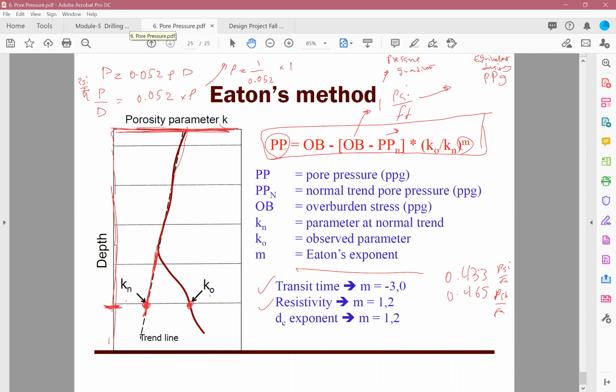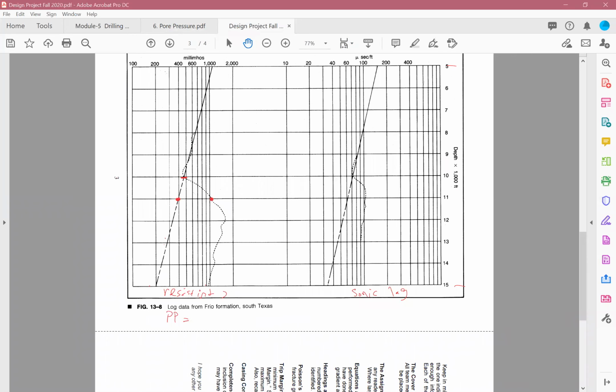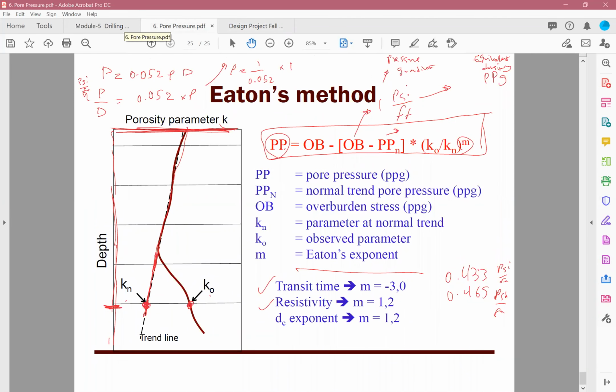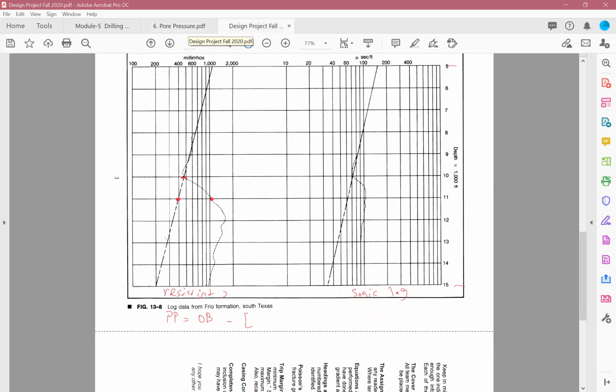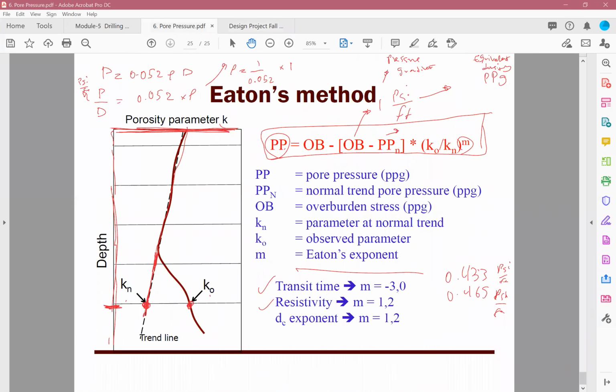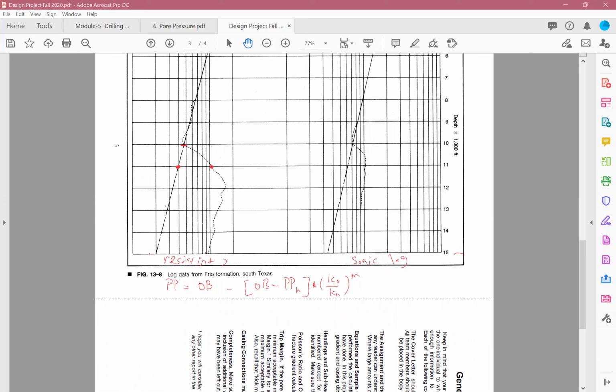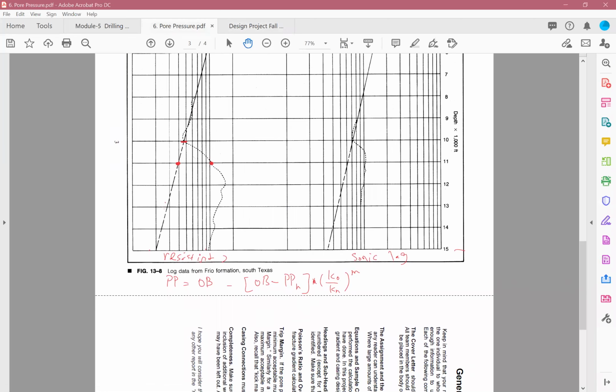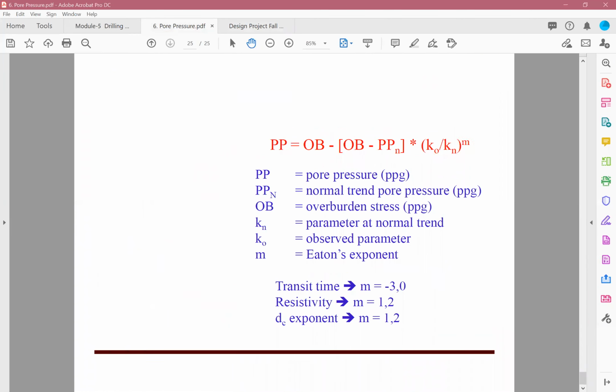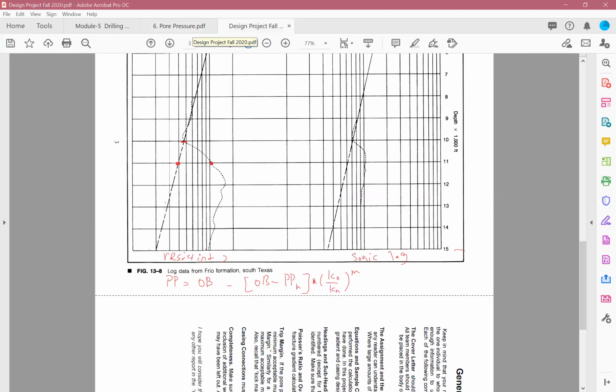The pore pressure is equal to overburden pressure minus overburden minus, again, normal pore pressure, and then this is multiplied by Ko over Kn to the power of m, right? This is the equation I need to use, and for resistivity, I need to use an exponent of 1.2. So this m for me is 1.2.